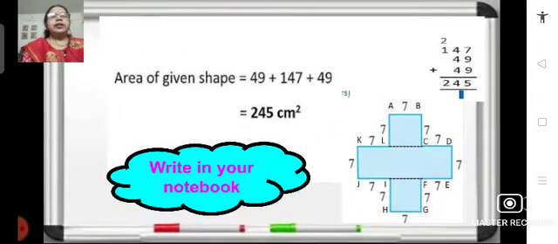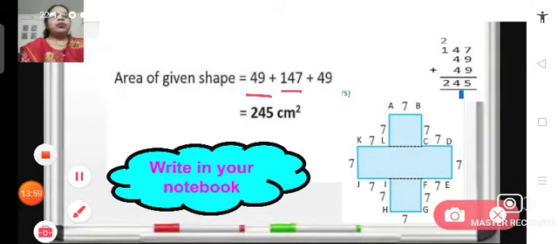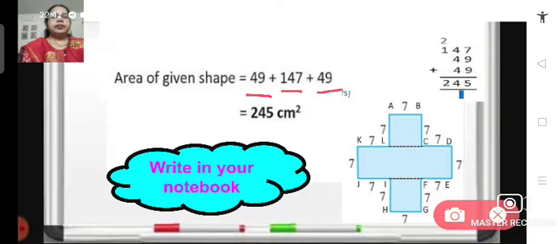So the area of the given figure will be 49 plus 147 plus 49 square centimeter. So what will be the total area? It will be 245 square centimeter, isn't it? So children, you have to note this answer down in the notebook, all the steps of the answer.